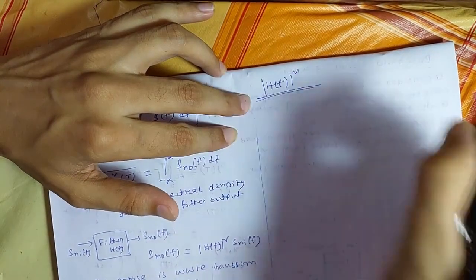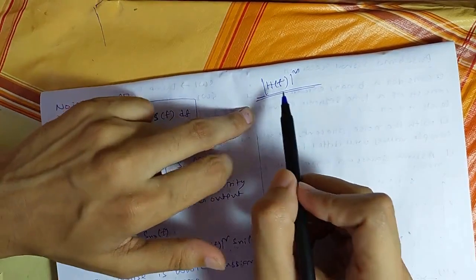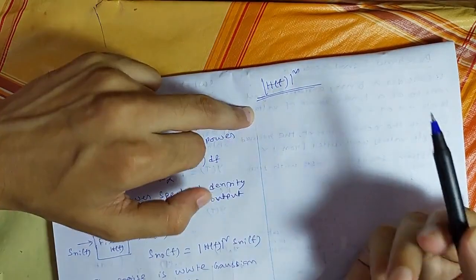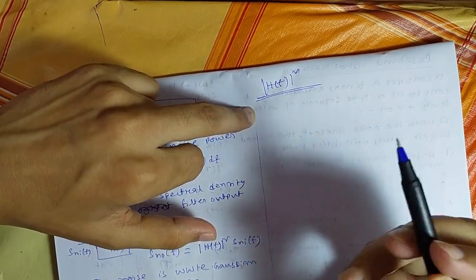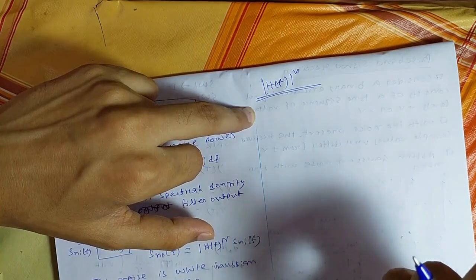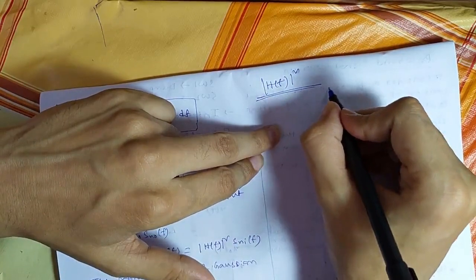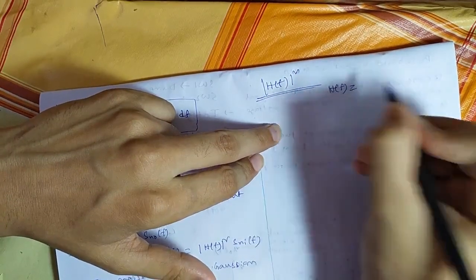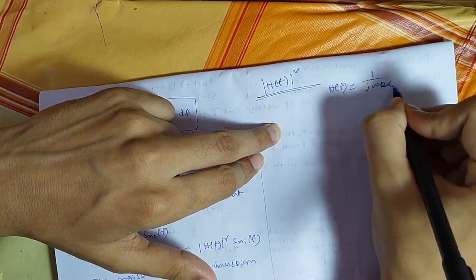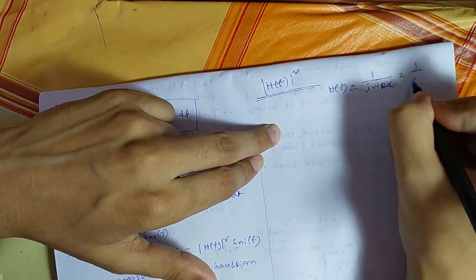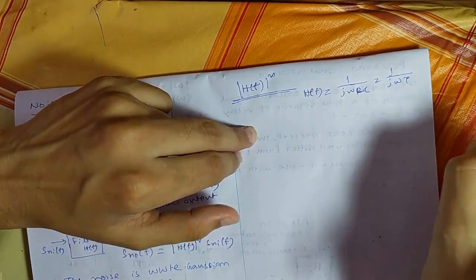We know that we are using an integrator. The integrator transfer function H(f) equals 1 by j omega C, that is j omega RC, equals 1 by j omega tau. That was our original integrator transfer function.